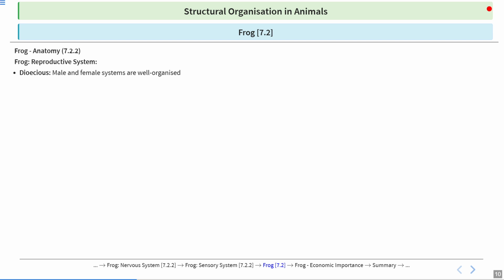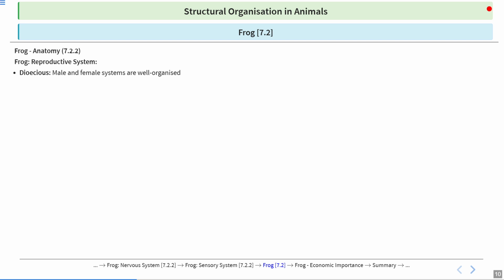They have both reproductive organs in one individual. Male and female reproductive organs are present in the earthworm only, right? But in the case of frog, male and female individuals are different.